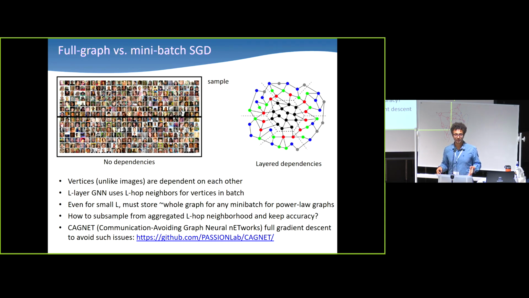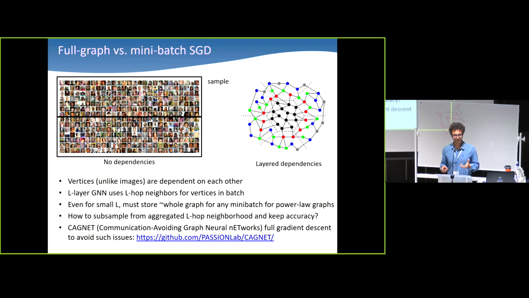And if you heard this phrase called six degrees of separation, in a lot of small world graphs, with a neural network of 6 layers, you're going to have to touch every single other vertex. So that makes sampling-based learning on these things really hard.